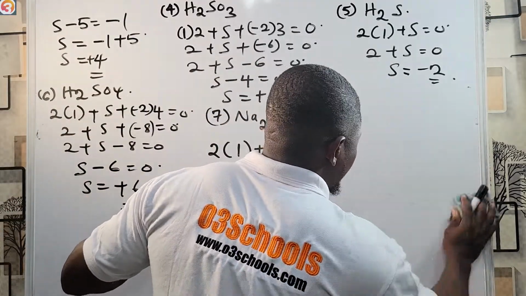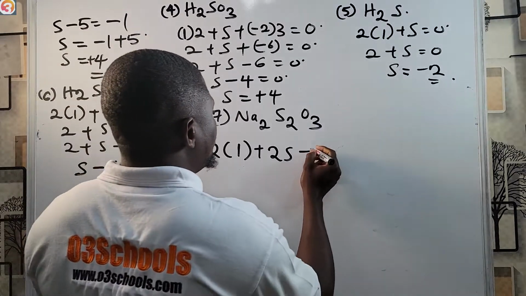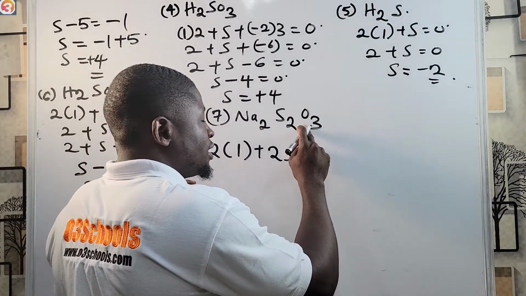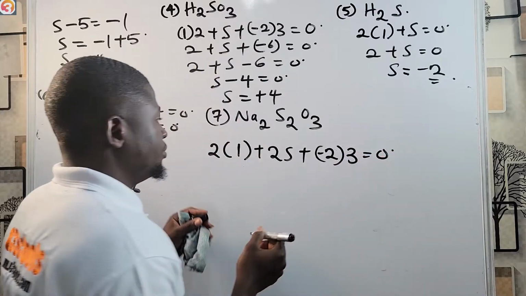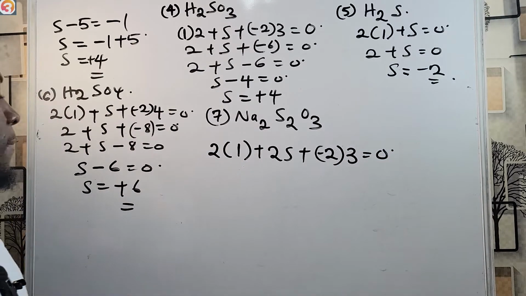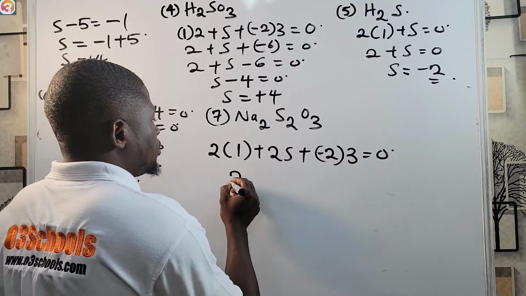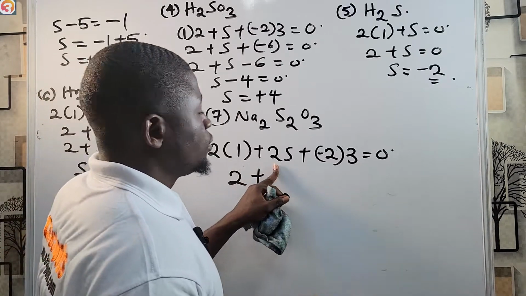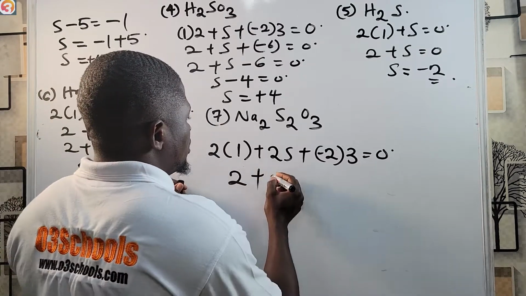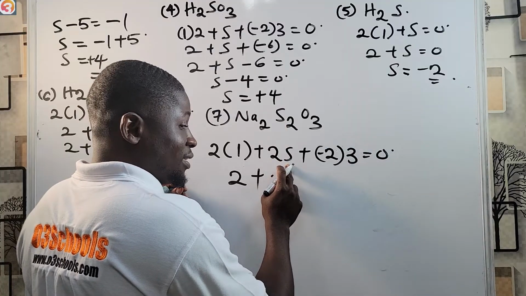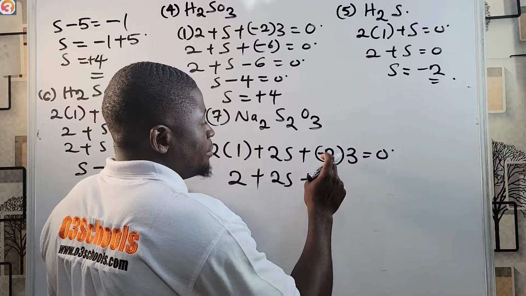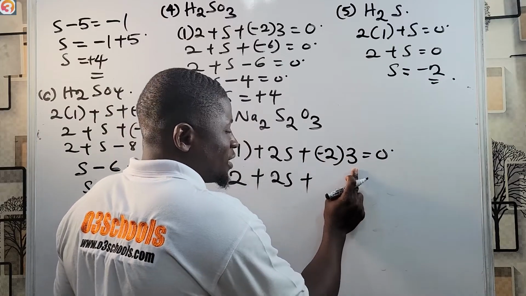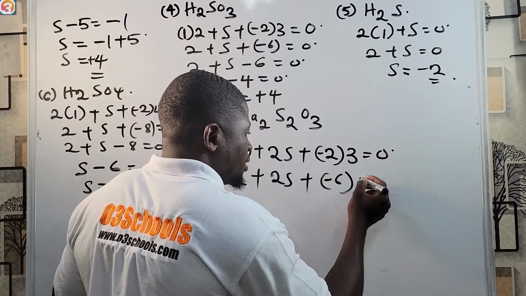Then, of course, plus the oxidation state of oxygen, which is -2, so I have -2 into 3 is equal to 0. I hope that is very clear. So 2 times 1 is 2, then plus 2S, then plus -2 times 3, which is -6, is equal to 0.